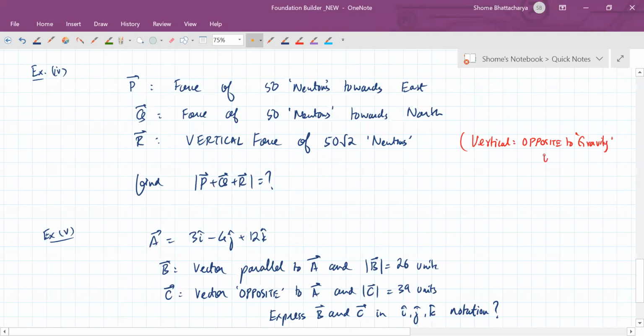So basically it means upwards. Whereas when we are going in the direction of gravity, we generally use the term vertically downwards. Like in kinematics, you have the term vertical projection or vertical component of velocity. That's always in the direction opposite to gravity or upwards.